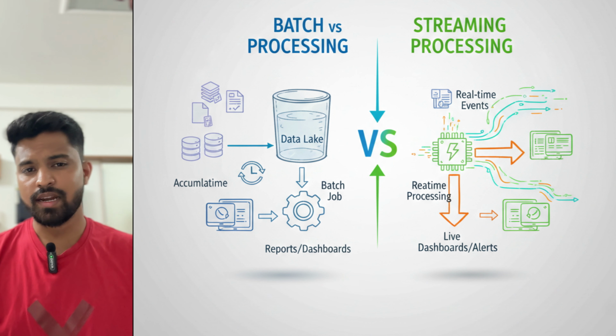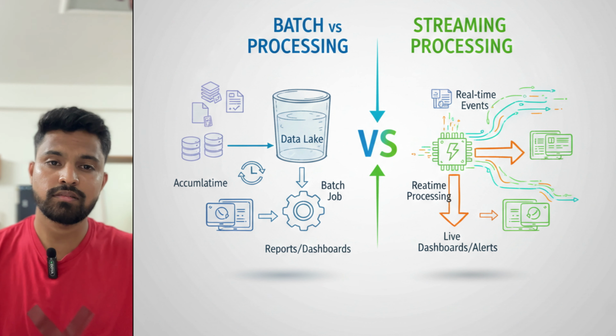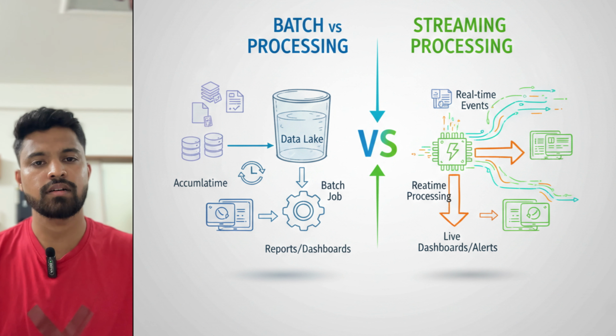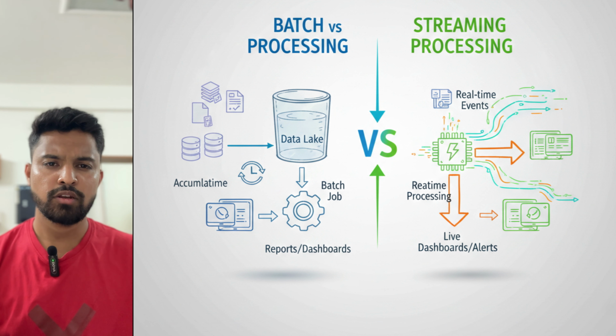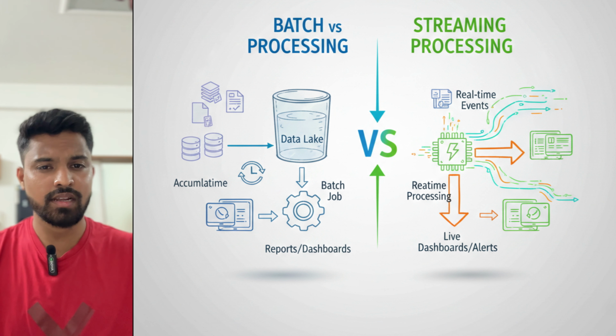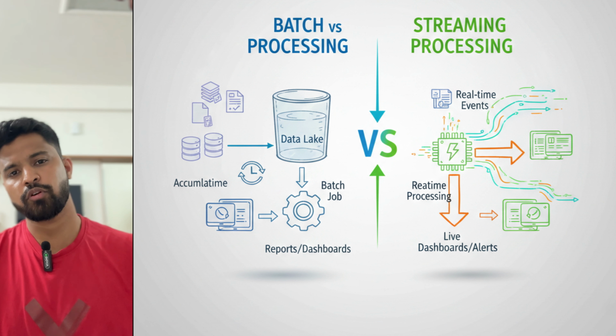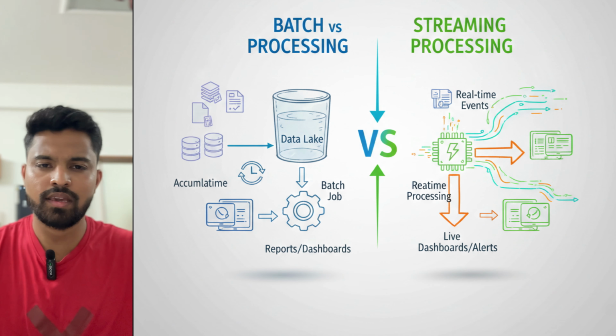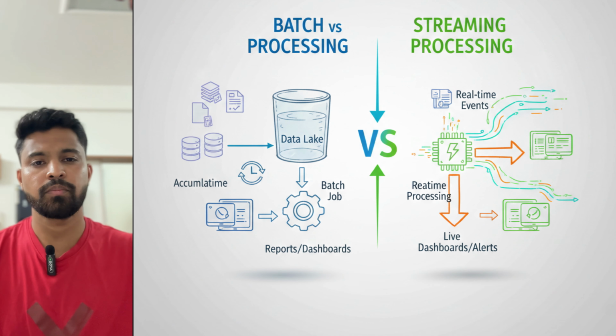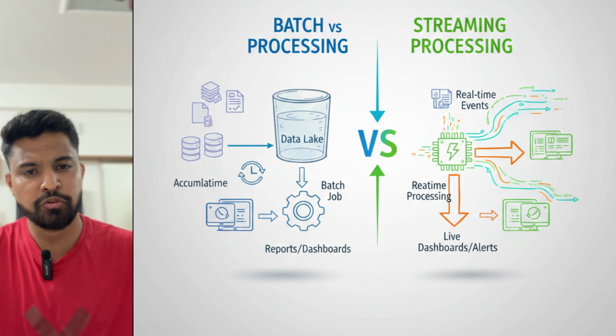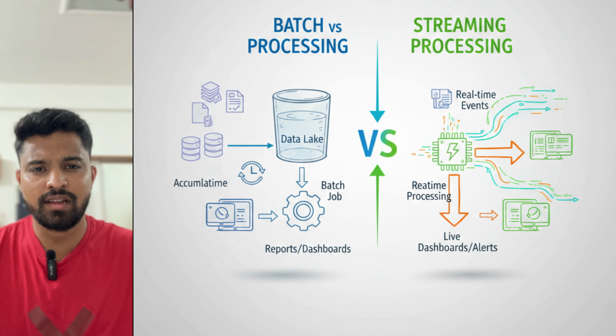The characteristics stream processing has are low latency, because whenever the data comes, we process the data. There is no huge latency between processing and dumping the data to a data warehouse or a data lakehouse.